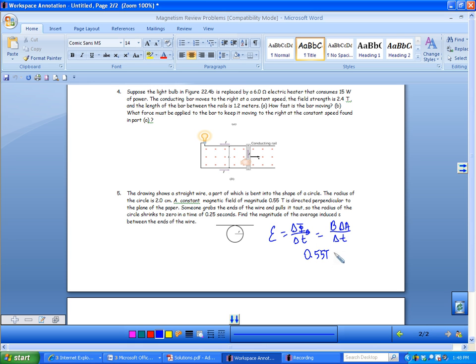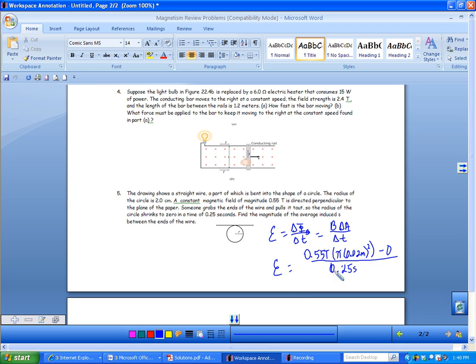The area is going to go from pi r squared to 0, so the change in area is going to be pi r squared, 0.02 meters squared, minus 0, because I took it to no area left at all, and that happened in 0.25 seconds. So I should be able to find the EMF induced.